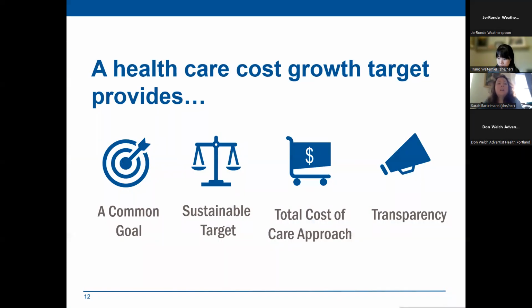Having that healthcare cost growth target does a couple of things. By setting that budget, by setting that target, we provide a common goal. This is something that we can come together and say, we all agree, we all understand that this is what we think healthcare costs should grow at. Not everybody might agree, but at least that is the intent, that there is a common goal and everyone can talk to a common value. It's also sustainable.